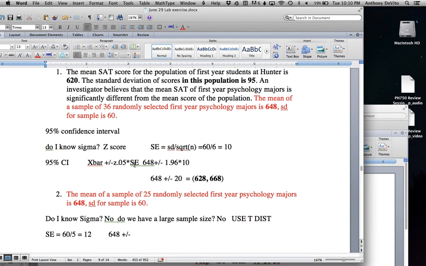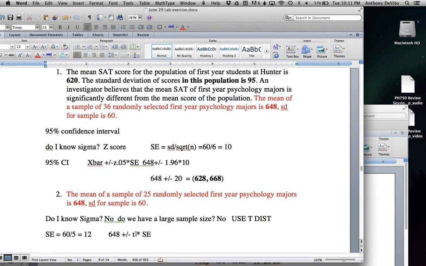Actually, I really should have called that alpha over 2, which is equal to 0.025, or half of that 5%, because we don't know if our result is going to be higher or lower than the mean of the population we're going to compare it to. I'm not going to worry about that now. I'm just going to put our t-score times our standard error. I don't want to get things too confused right now.